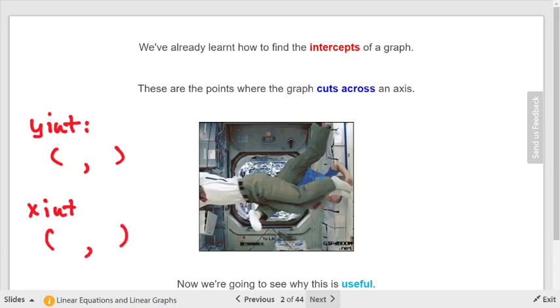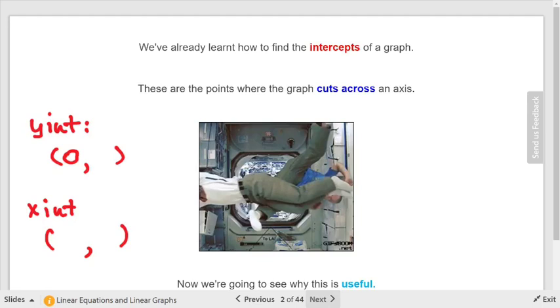And if you think about it, remember yesterday we said that if you're on the y-axis, can I have gone right or left if I stay on that y-axis? No. So that means that my x value is always going to be 0. Move right or left, none. Right? Okay?